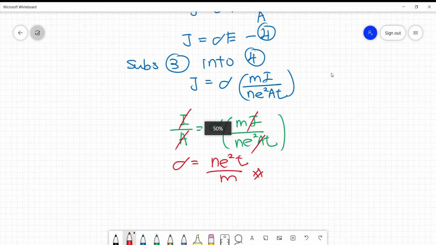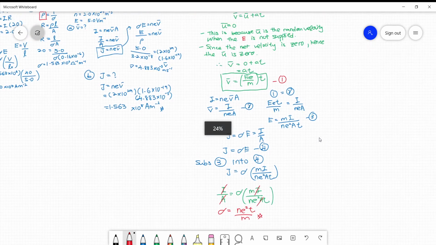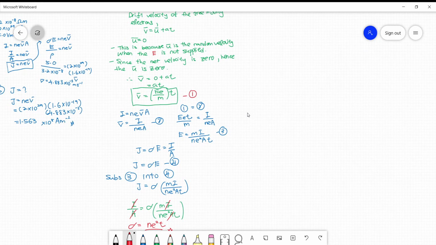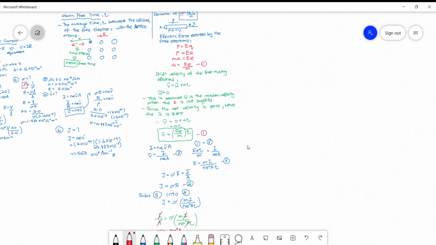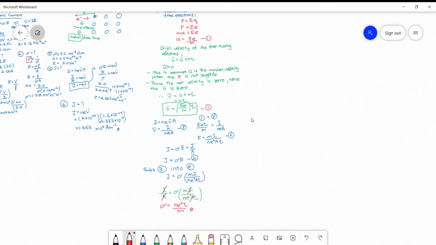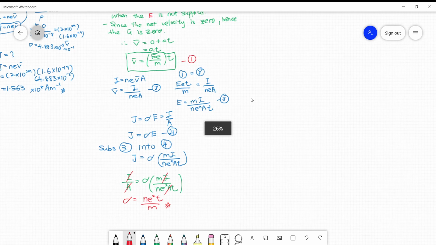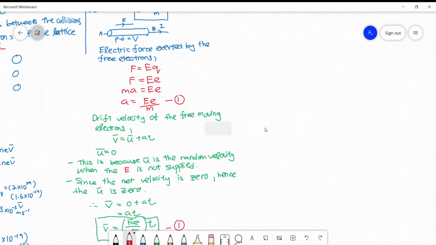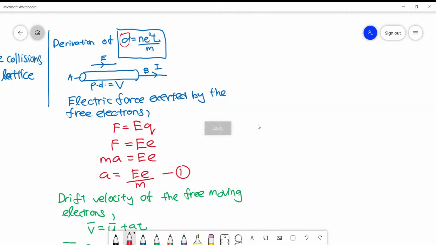Alright, so this is all the steps that we need to do in order to derive this formula. The steps are quite long. What we need to do is think about the variables that exist inside this wire.